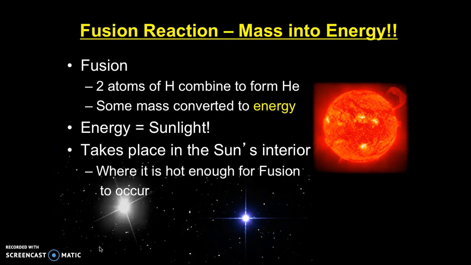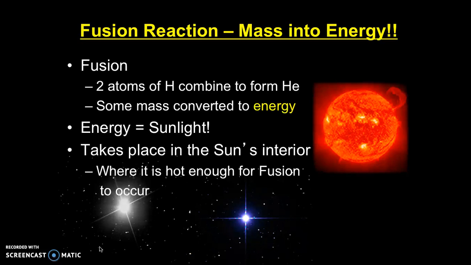In our sun, the interaction of the nuclei is through fusion. Two atoms of hydrogen combine to form helium, and it's really going to be four protons of hydrogen forming one helium atom. Some of that mass is converted in the process of fusion directly to energy that radiates off out of the sun. And that energy is what we see and feel as sunlight.